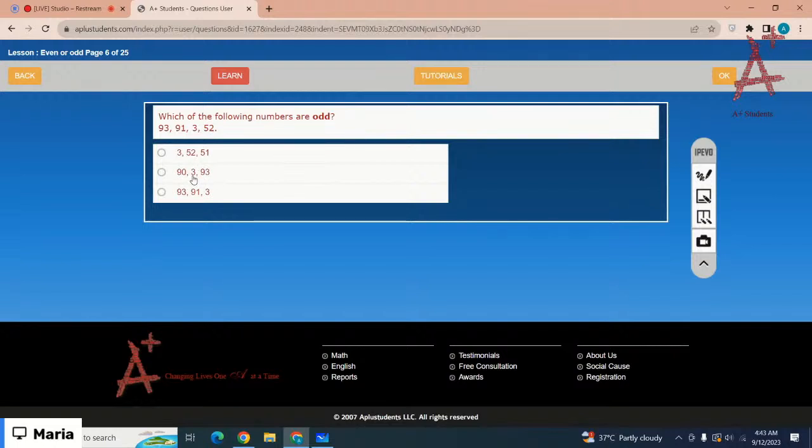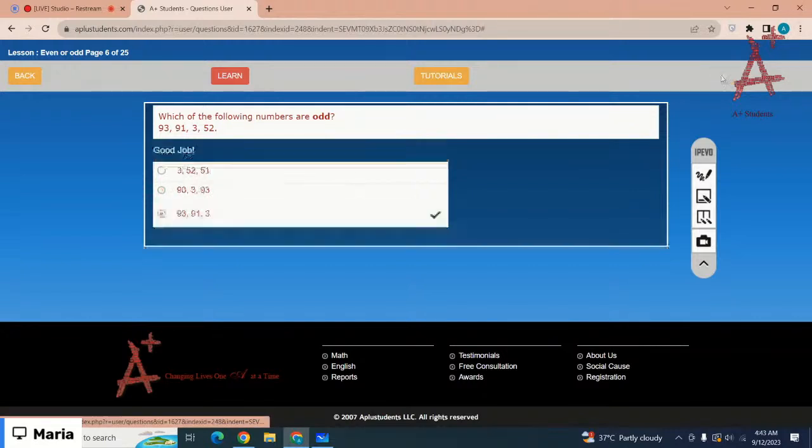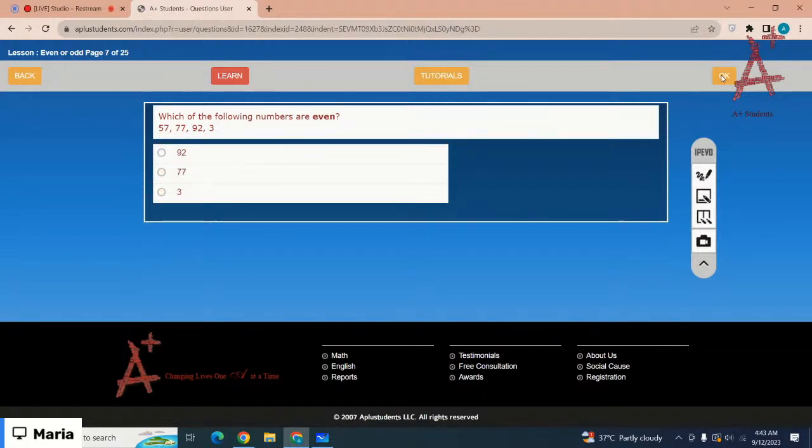They are 93, 91, and 3. Very good. Which of the following numbers are even? Which is the correct option? The correct option is that 92 is the only even number here, right?